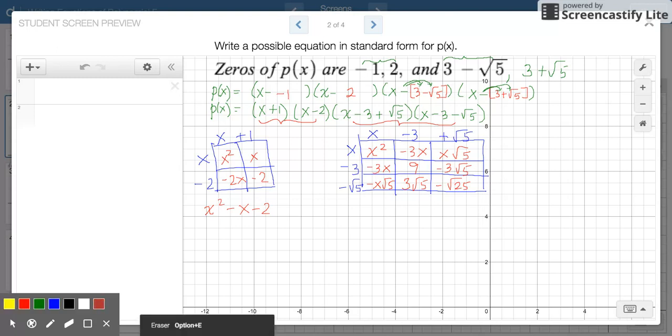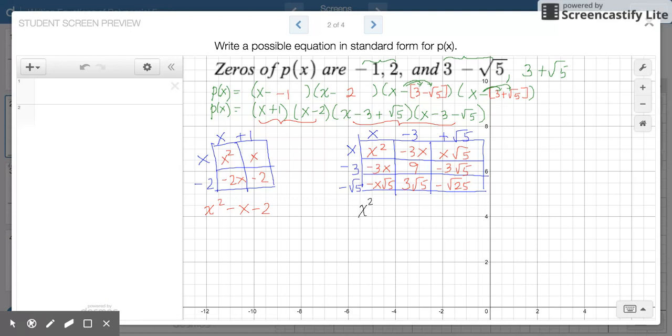So now we know that this will be x squared. Negative 3x minus 3x is negative 6x. Negative x square root of 5 and positive x square root of 5 cancel. So we'll have here plus 9. And then 3 square root of 5 and negative 3 square root of 5 cancel as well. And then minus square root of 25 is minus 5. Therefore, this is x squared minus 6x plus 4.